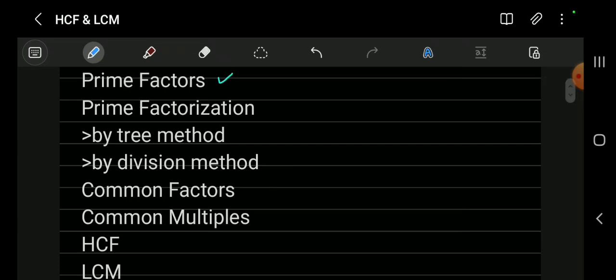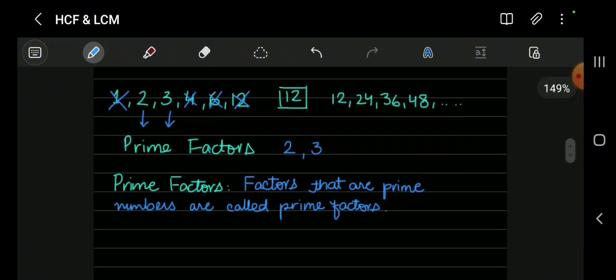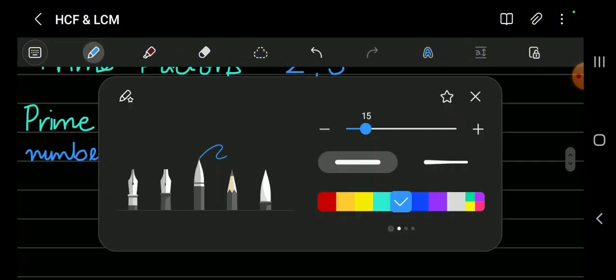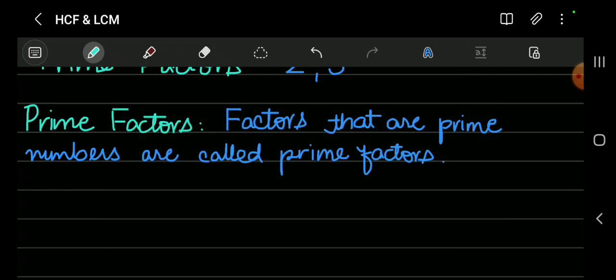Now, how to get prime factors? To get prime factors, we have a method called prime factorization. So let's also get a definition of prime factorization.